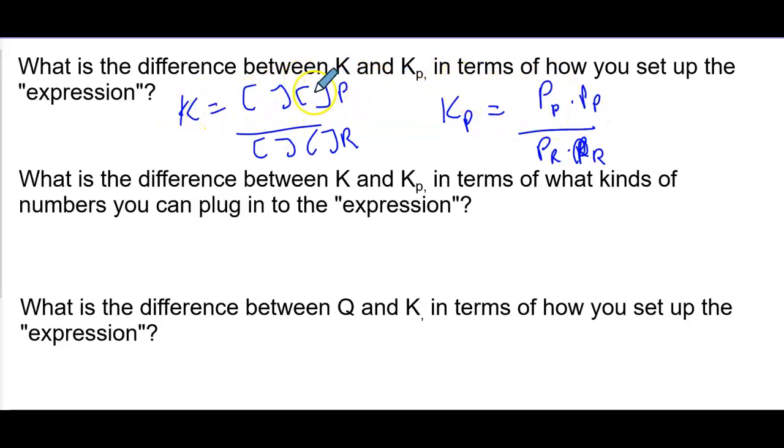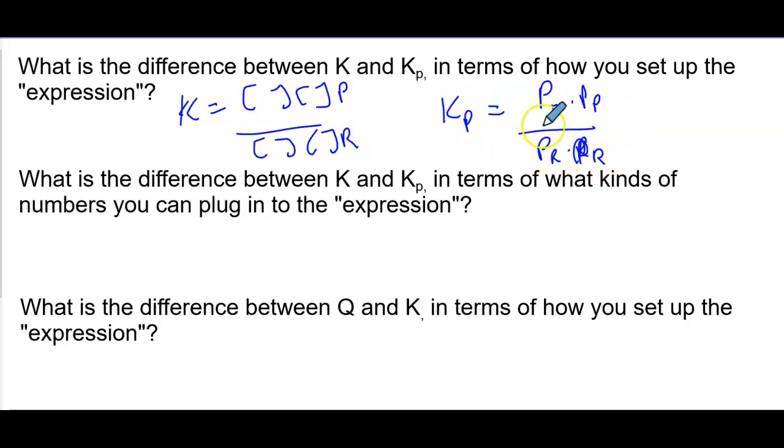We still put the product of the products, so we multiply the products, over the product of the reactants, so we multiply the reactants on the bottom. Same thing with Kp. Instead of having moles over liters, we might have atmospheres or millimeters of mercury or torr, kilopascals. We would take the pressure of the products, multiply them, and then divide by the multiplication of the pressure of the reactants.